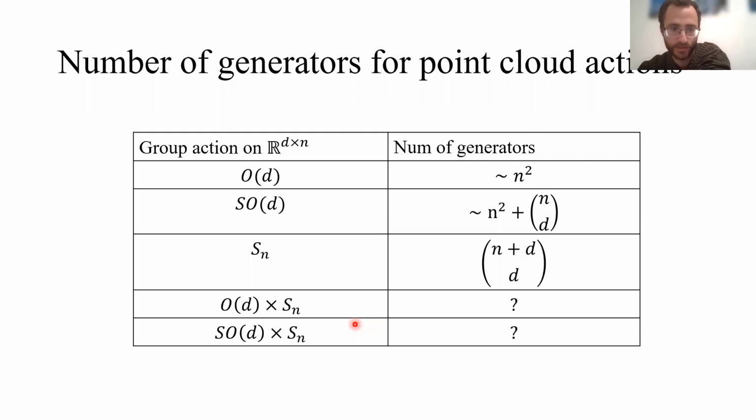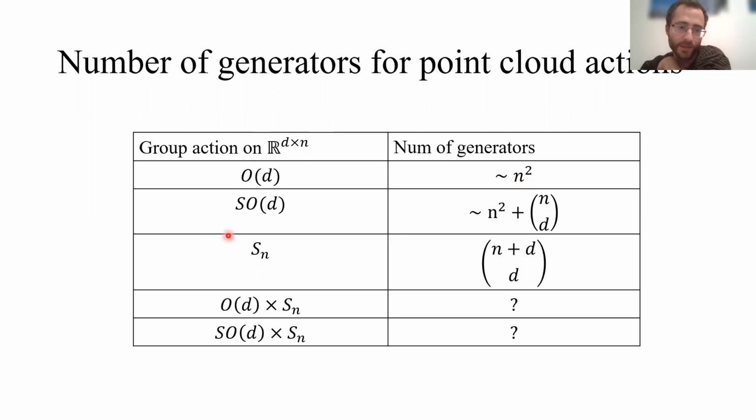So let's just look. We have our action on R^(d times n). The dimension is n times d. Here's a list, for the various group actions, of how many generators there are. For the action of rotations on R^(d times n), the number of generators is n squared, which is already often more than n times d, because often d is smaller than n, which in applications is often what we're interested in, and that's a pretty large number.